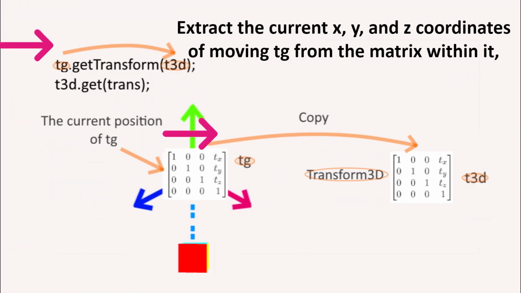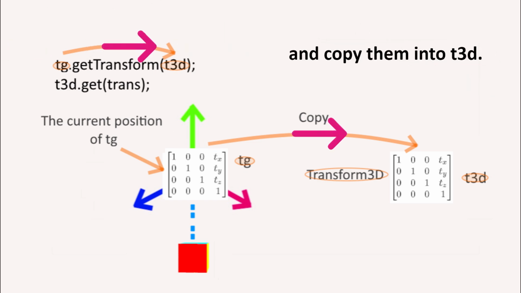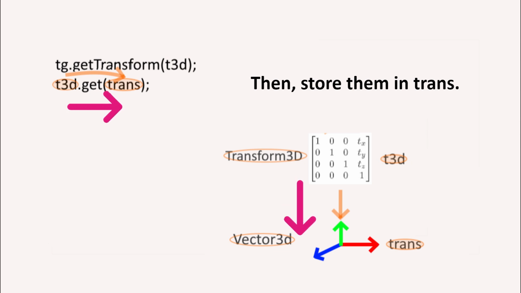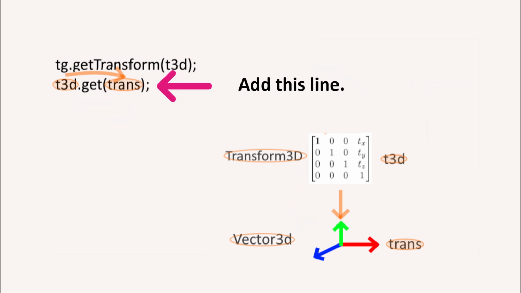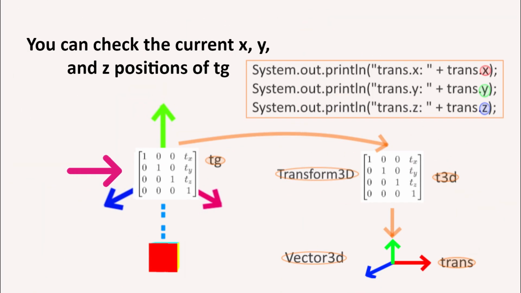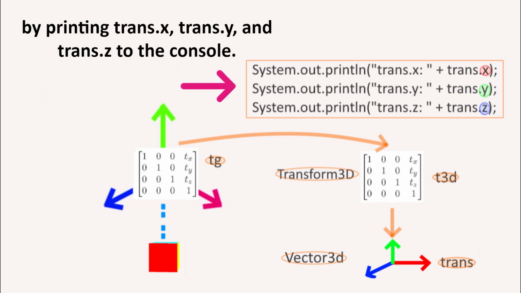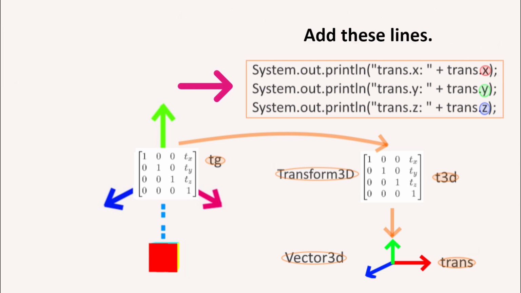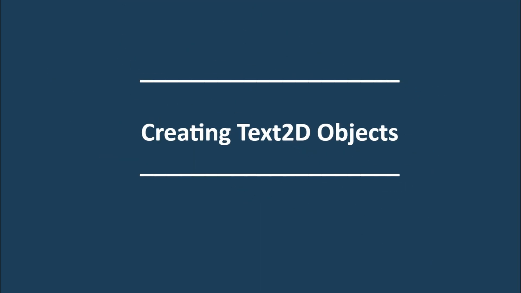Extract the current x, y, and z coordinates of moving TG from the matrix within it, and copy them into T3D. Then, store them in trans. Add this line. 4. You can check the current x, y, and z positions of TG by printing trans.x, trans.y, and trans.z to the console. Add these lines.